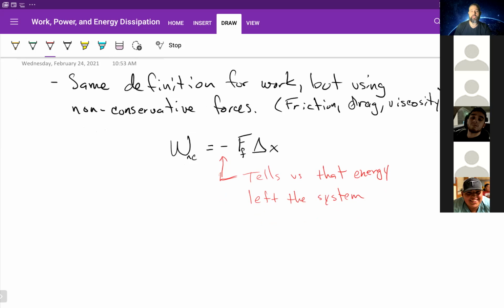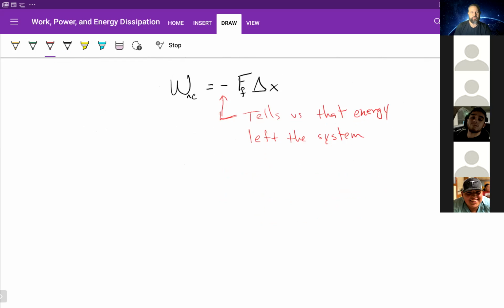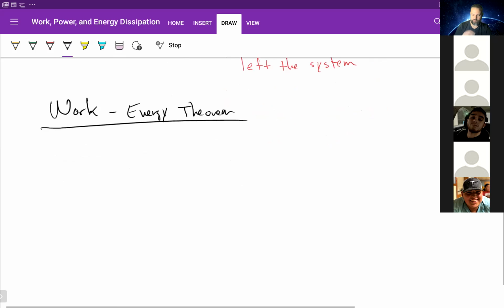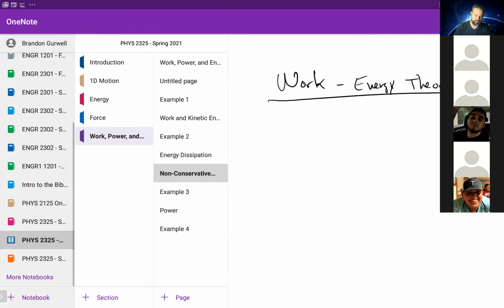So we come up with a work-energy system. Let's work this out. We're going to take our equation that we had before where we said that work is equal to the change in E total, right? We did see that. Let me go back and make sure.